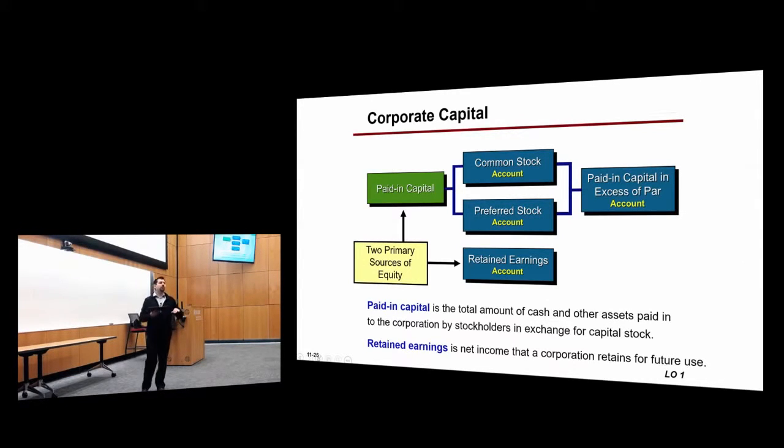So they have a claim over dividends and over the assets before common stock. Usually it's more expensive. This is the disadvantage of preferred stocks. They have preferred dividends, however they are more expensive. So those two will lead to paid-in capital.